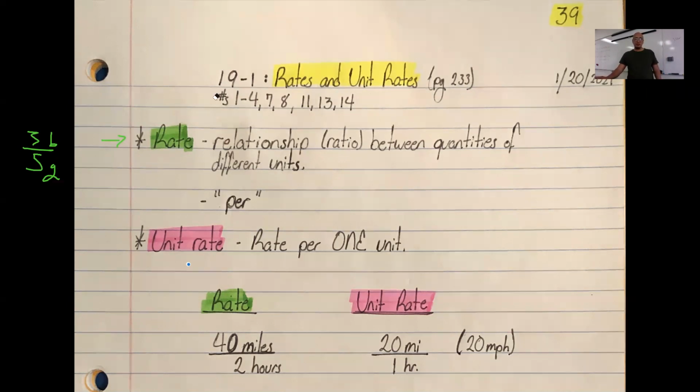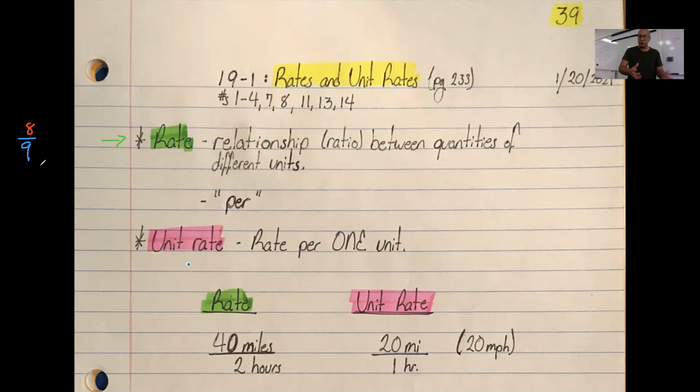In the same vein, if you were comparing marbles inside a bag, red marbles to blue marbles, and let's say the ratio was 8 to 9. Again, this would not be a rate because we're comparing two things of the same category.